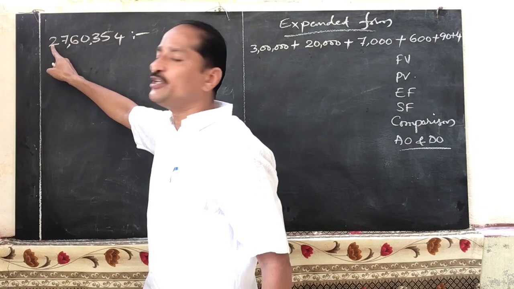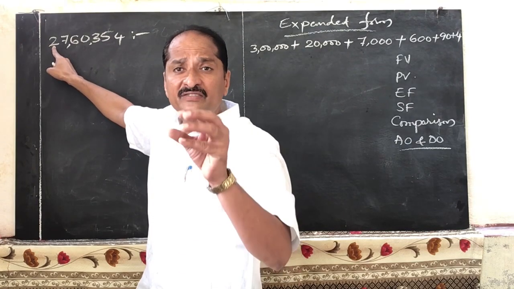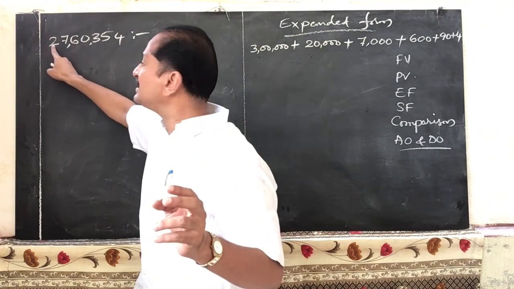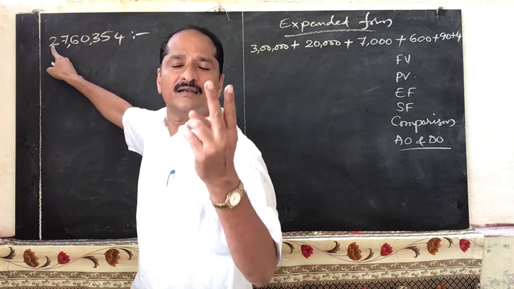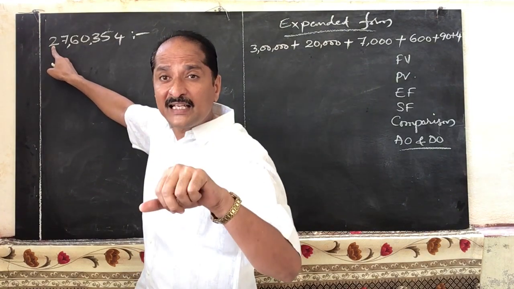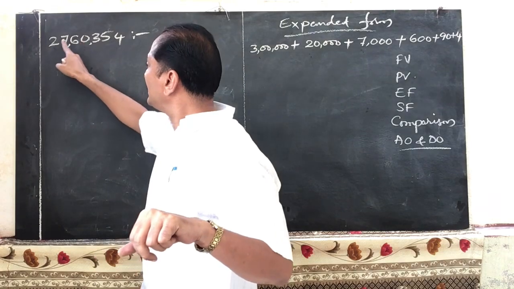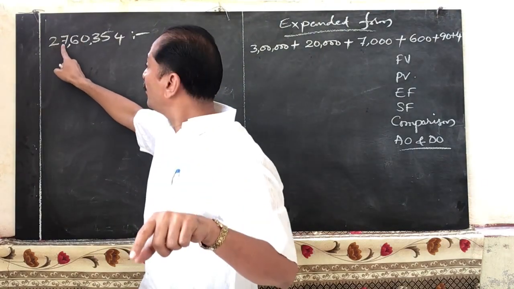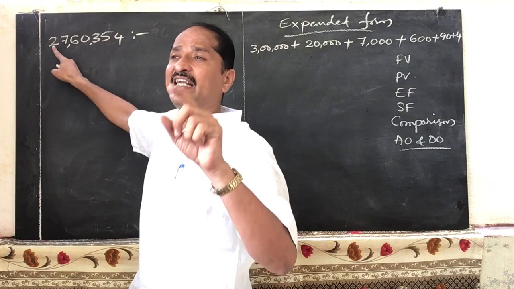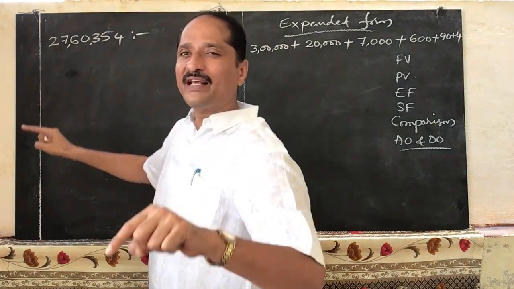The place value of 2 is equal to face value into its place. What is the face value of 2? Yes, 2. And in which place is it? Units, thousands, lakhs period: 1 lakh, 10 lakhs. So it is in the lakhs period and in the 10 lakhs place.